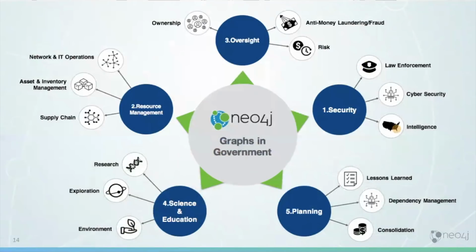So being able to manage large government projects with a lot of interdependencies. Resource management, supply chain management, being able to make the ordering of parts and things for government agencies more efficient, saving money, saving time. So there are lots of ways that Neo4j can be used in government outside of just this particular use case, which we'll be talking about today.